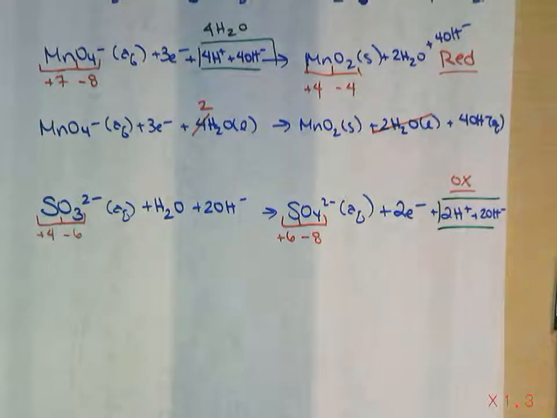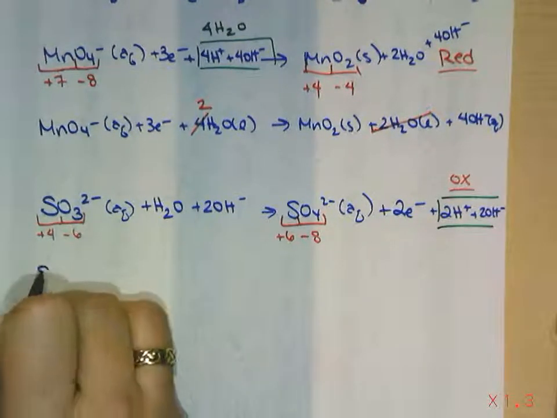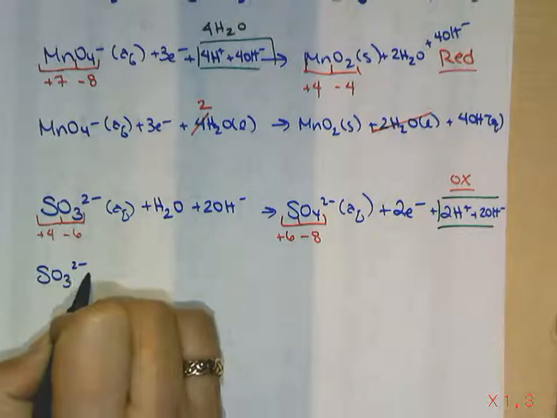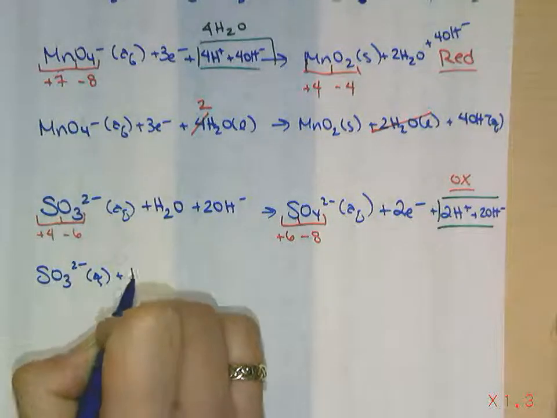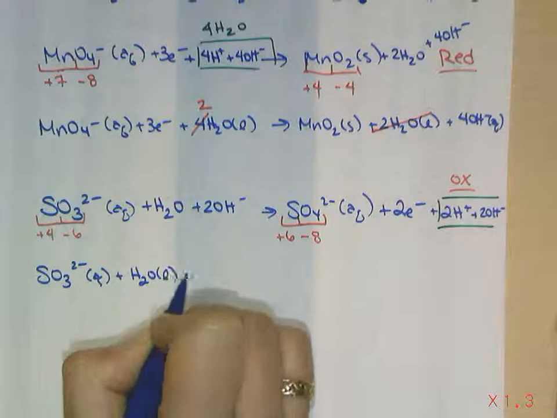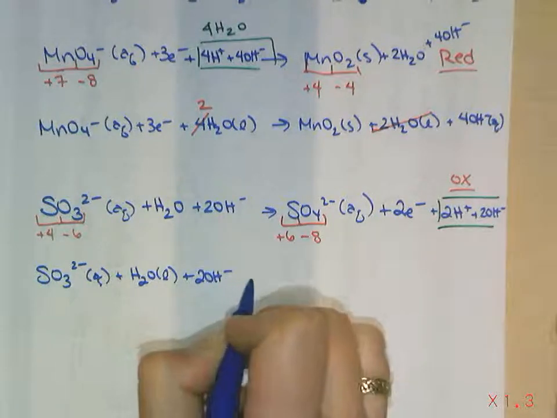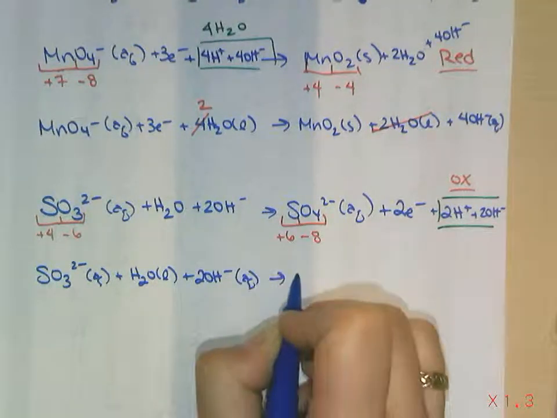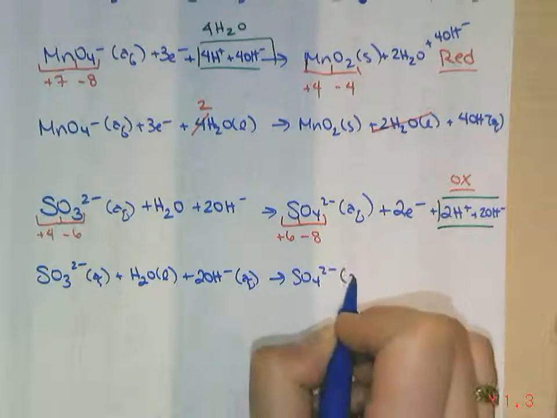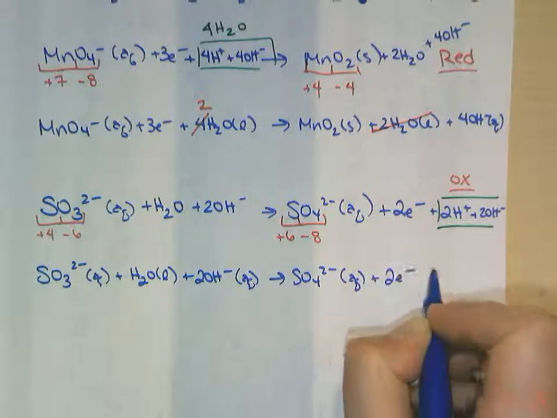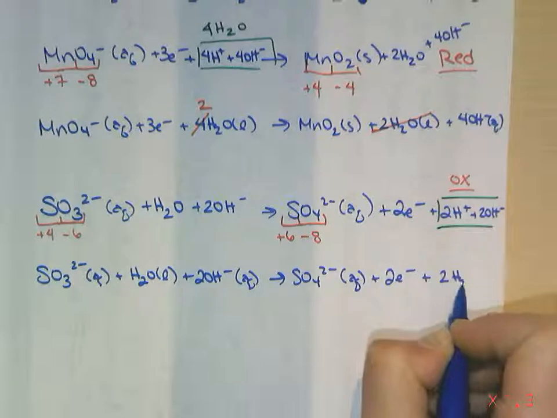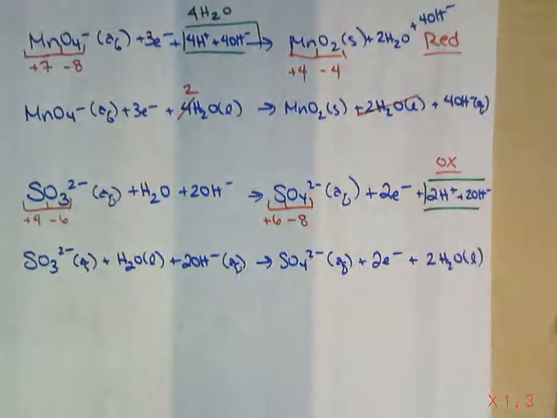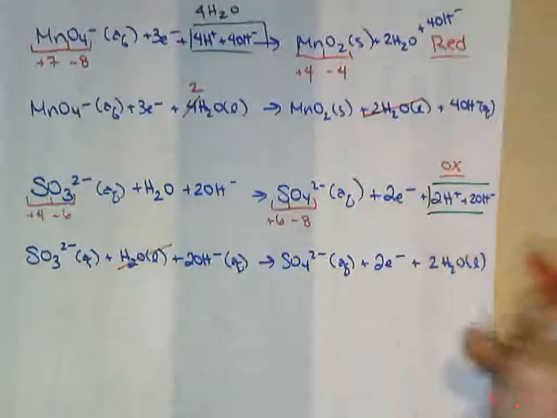So now I have... all right, what's the final simplification step I need to do for this? Yeah, get rid of those waters. So that's gone, and I just have 1 of those.